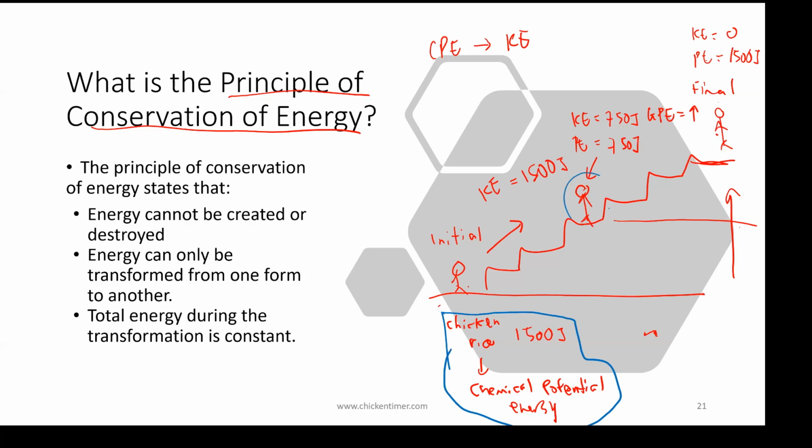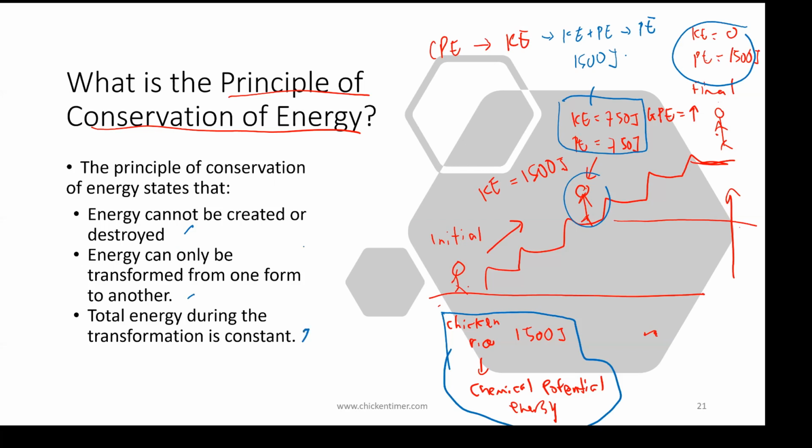Then over here it becomes KE 750, PE 750, which totals up to 1,500 again. And finally KE is 0, potential energy is 1,500. This shows that energy cannot be created or destroyed. Energy gets transformed from one form to another, and the total energy is constant.